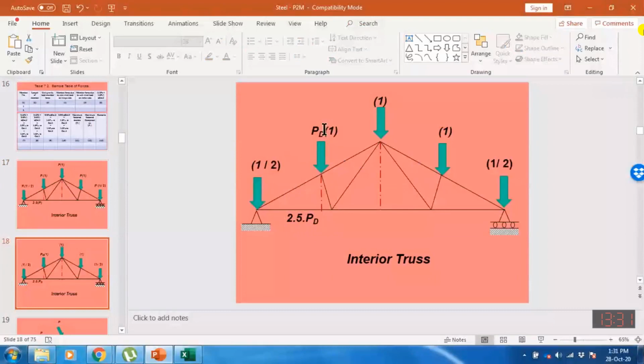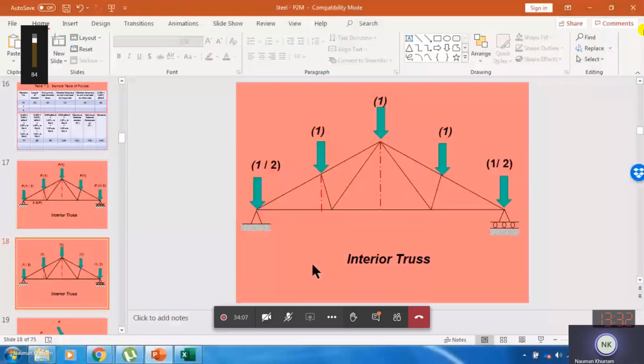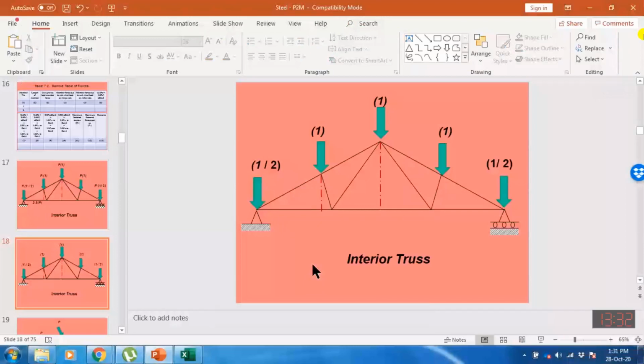So today I will assign you one truss. You can perform this analysis for your truss, for the interior truss only. You will perform the unit load analysis, meaning you will assume that the truss is subjected to one load. One load means that it might be live load, it might be dead load. So the interior panel points or joints will be subjected to load 1, and the exterior ones will be subjected to load half.